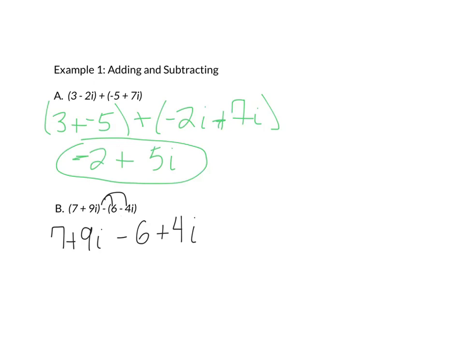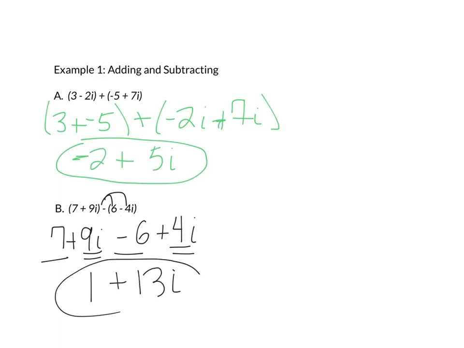So we're combining like terms here. 7 minus 6 gives us 1. And then the 9i plus the 4i gives us 13i. And that's our final answer. And that's adding and subtracting. Let's multiply.